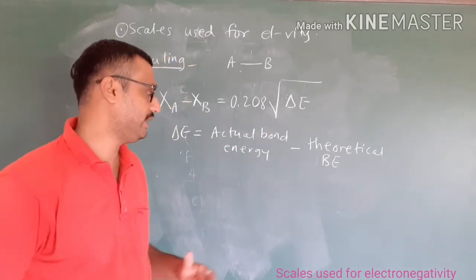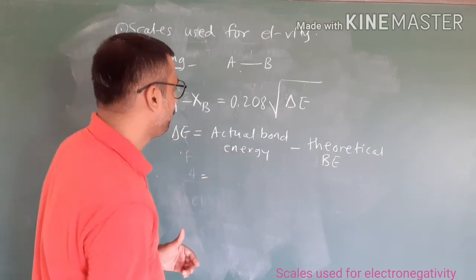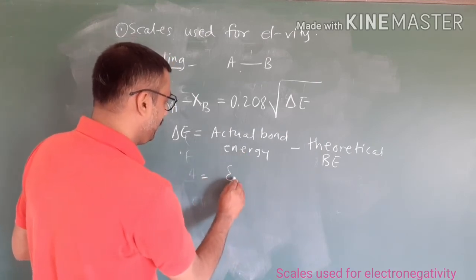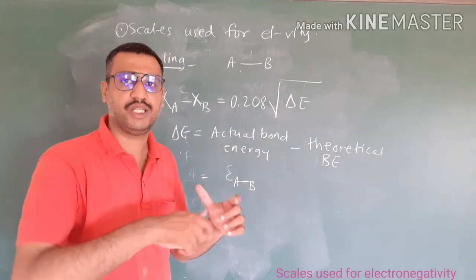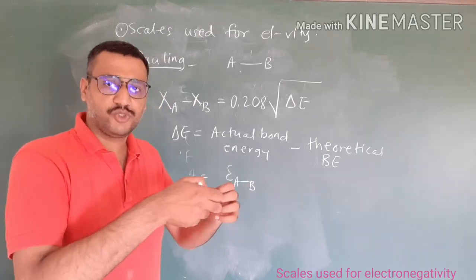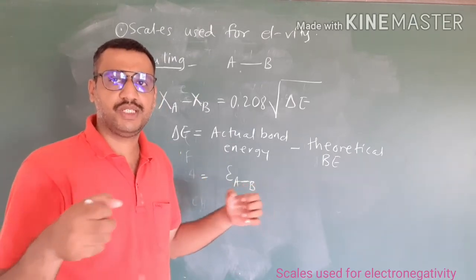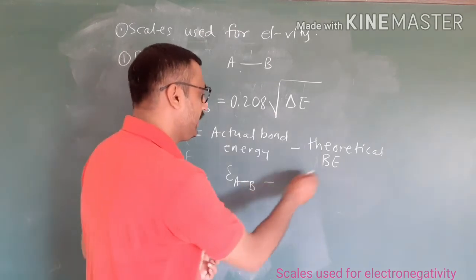That's the bond energy. So the actual bond energy is nothing but the E_AB. You may consider either when A and B unite together, the energy released is the bond energy, or we have 1 mole of AB, and to separate them, the amount of energy required is the bond energy. So it's the actual bond energy minus the theoretical bond energy.